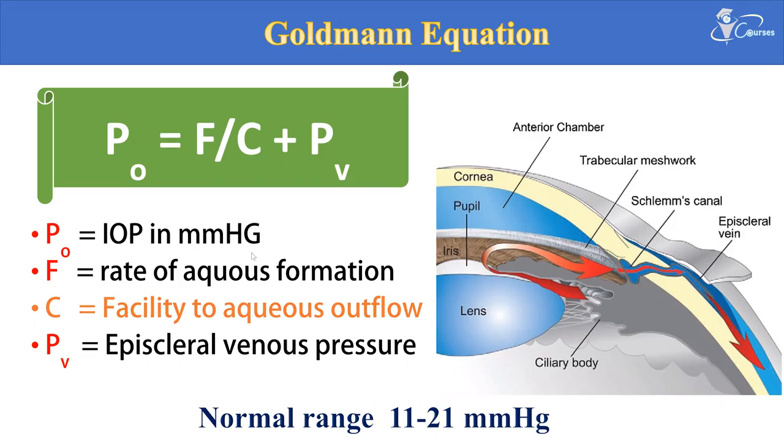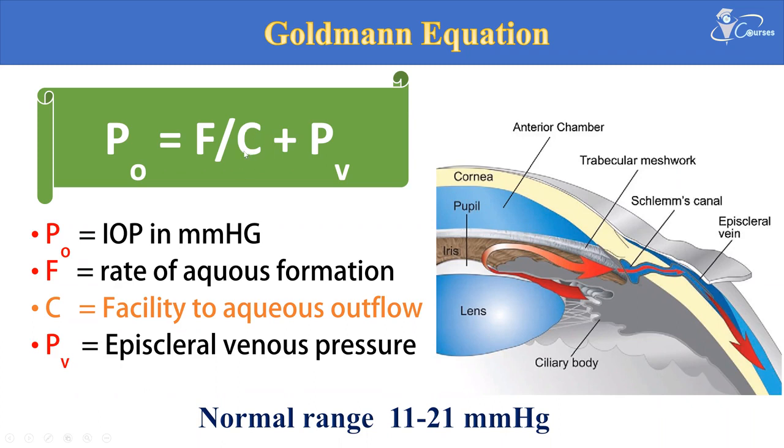You can see that the pressure will be equal to the aqueous formation divided by the facility of the aqueous outflow. That's why the facility of the aqueous outflow carries a high significance to change the equation.